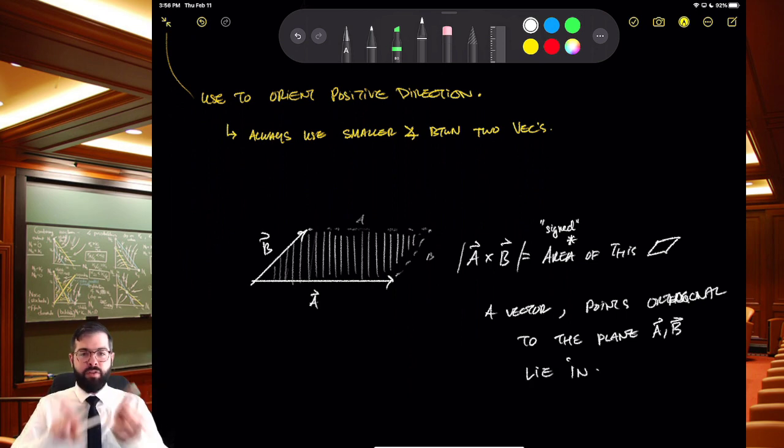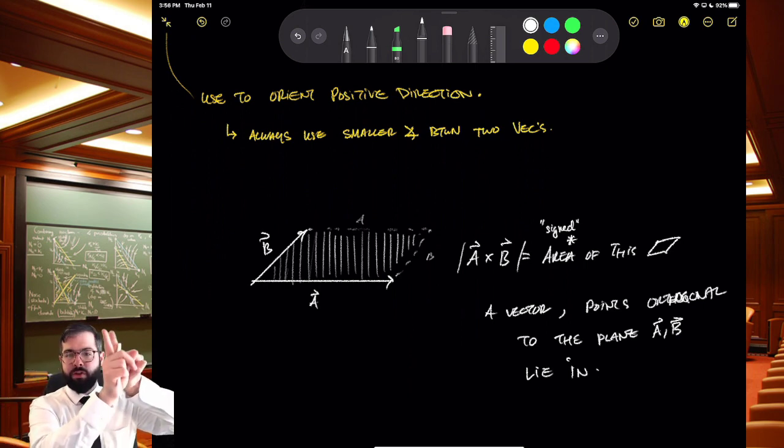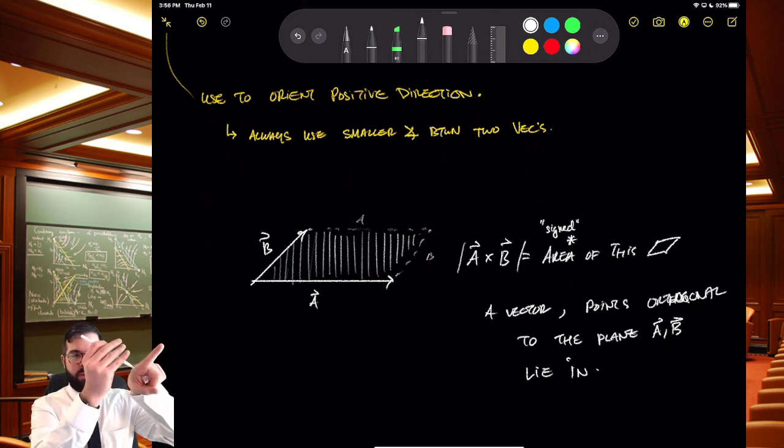So if you think about 2 vectors pointing in any direction, it doesn't quite matter. You can draw a plane between them. You can make a parallelogram between them. And so whatever that is, I can find this vector that has magnitude of the area and it points 90 degrees away.